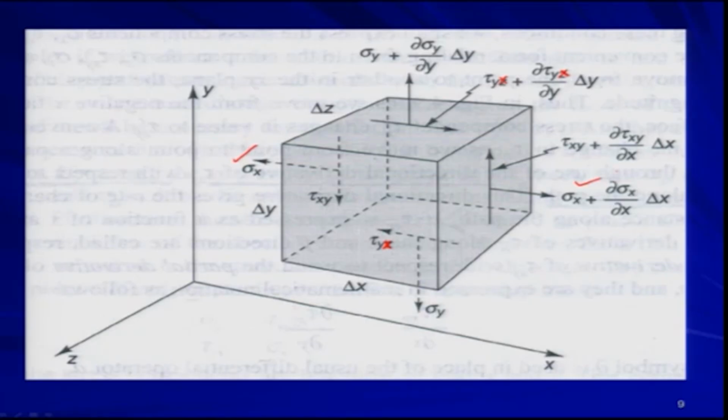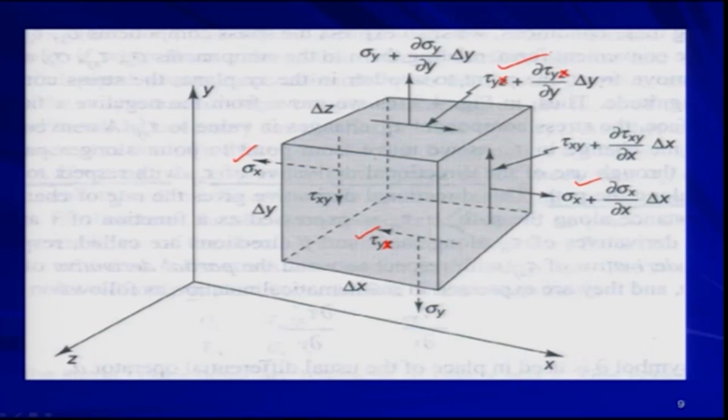Similarly, this tau yx on the negative y plane. As per our discussion, it is now very clear that tau xy is equal to tau yx. Therefore, this is also acting along x direction. These are the stress components which will cause force in the x direction.